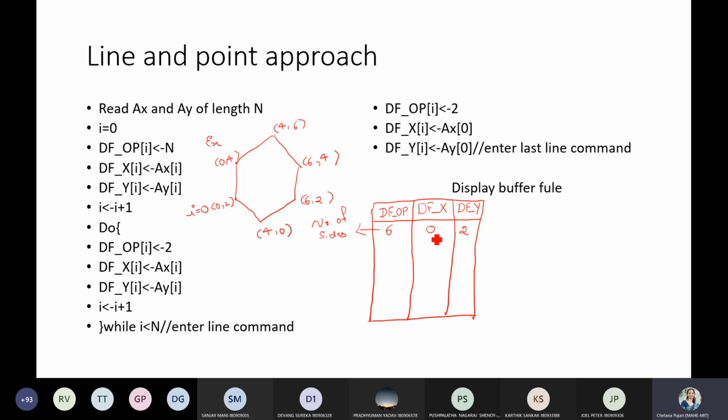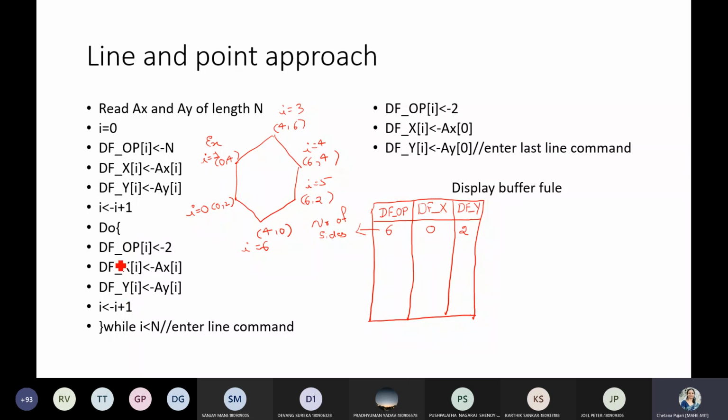In this case, it is 0 and 2. Next you are going to increment your I value to I plus 1. So we did I plus 1, and now it is over here.